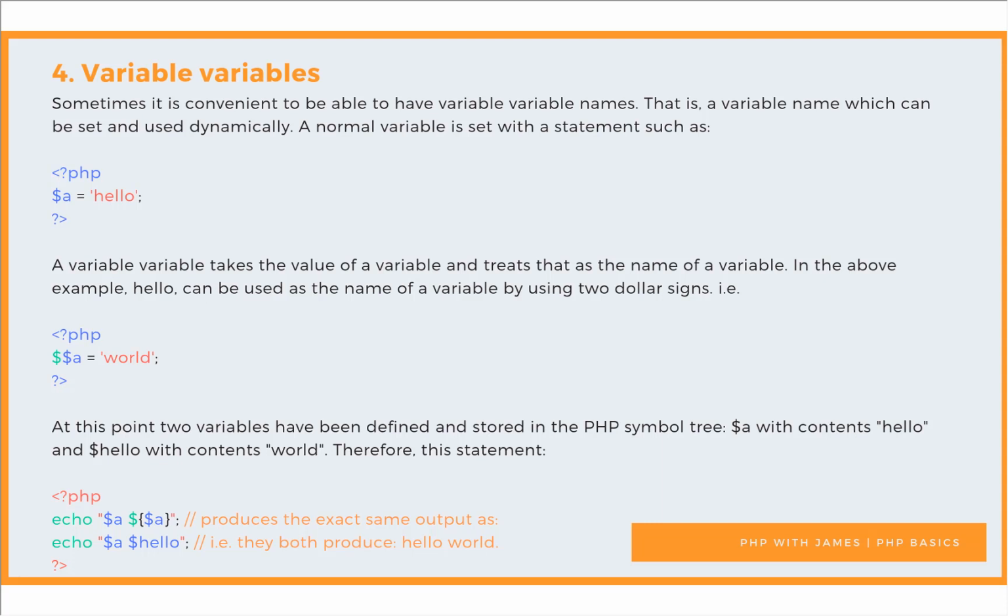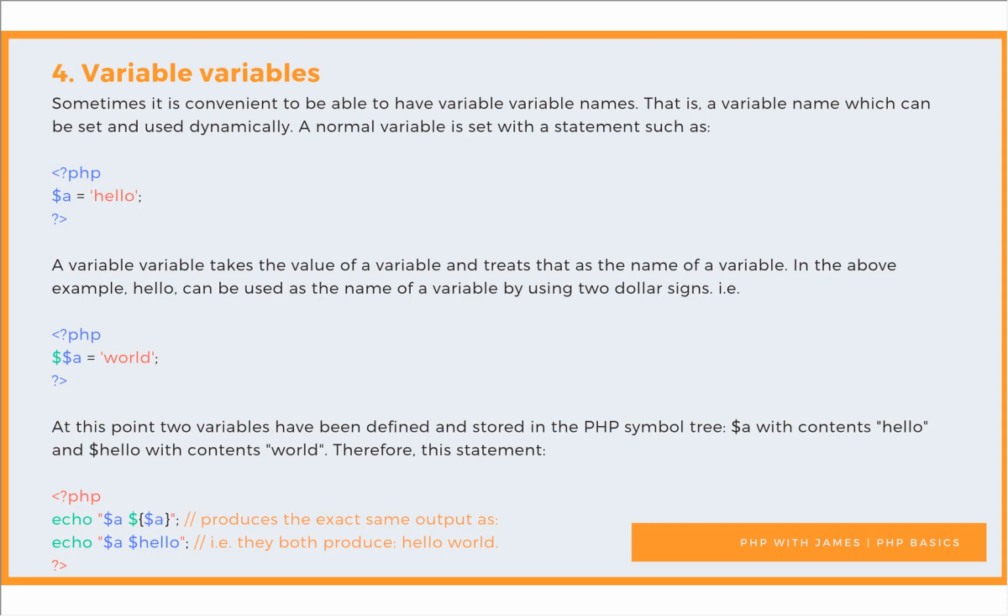In the above example, hello can be used as the name of a variable by using two dollar signs: $$a = 'world'. At this point, two variables have been defined and stored in the PHP symbol tree: $a with contents hello and $hello with contents world.